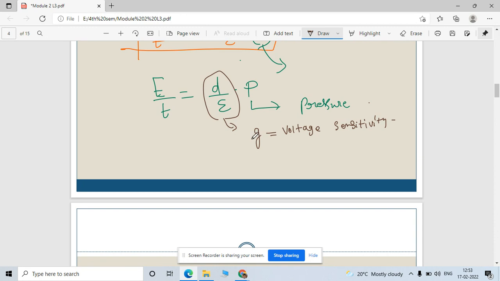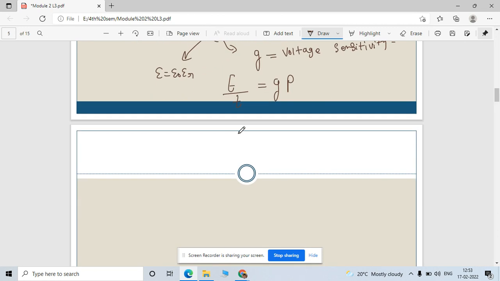So this is G. This permittivity you can also define in terms of epsilon naught epsilon r. So this potential divided by thickness is G into P, and your output voltage is G times P times T. This is a famous equation, and many numericals will be framed from these equations. So this is your output equation.